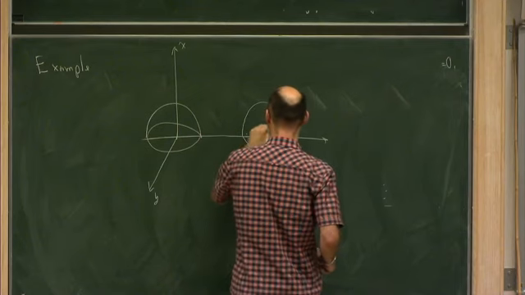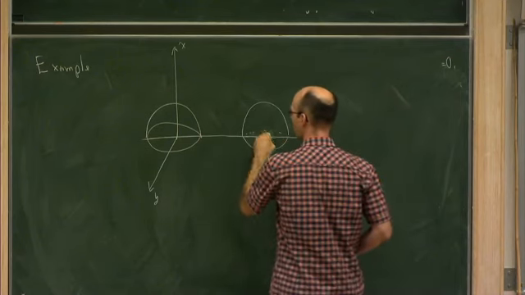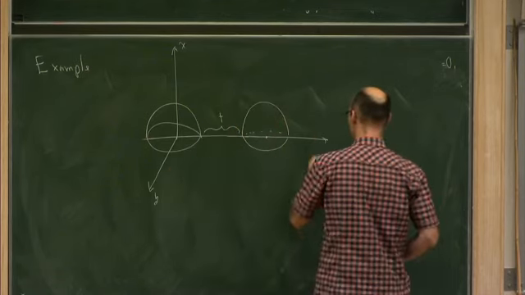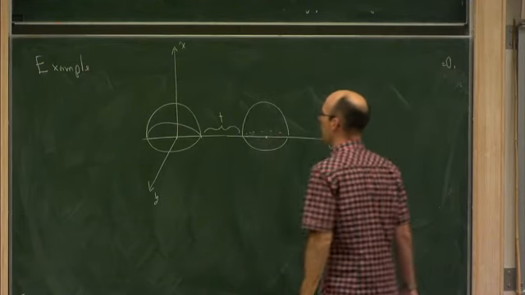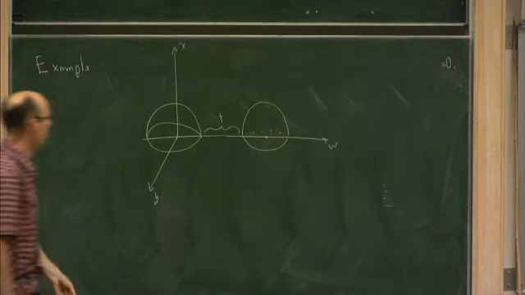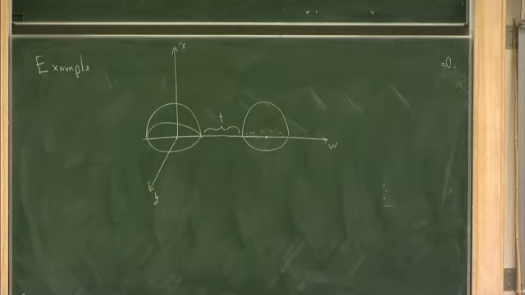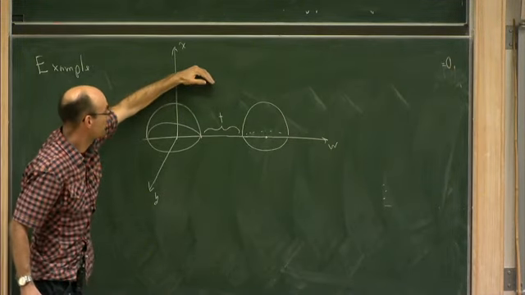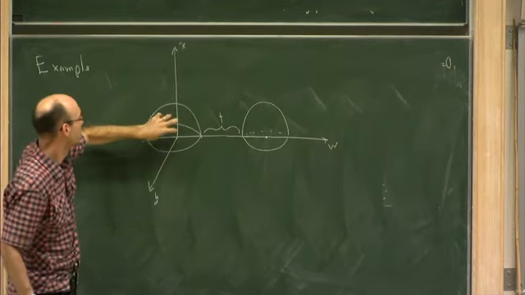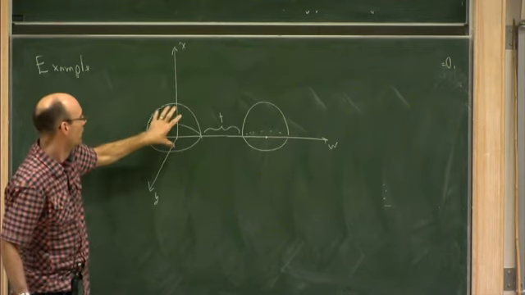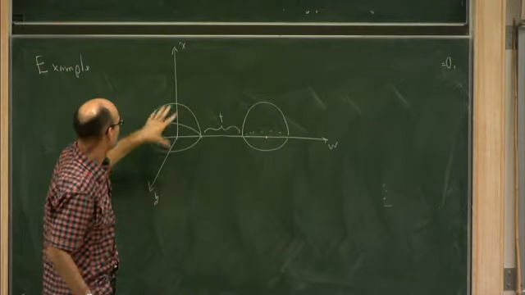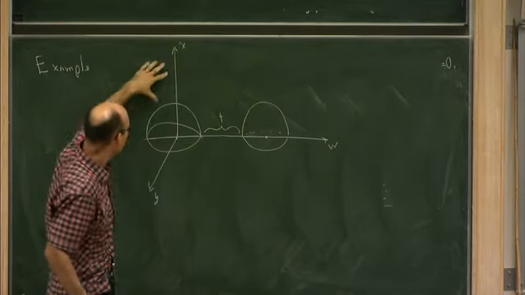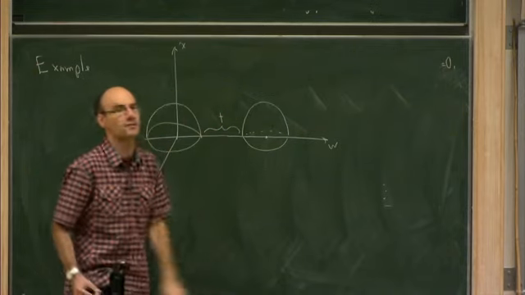One is centered at the origin, the other is centered here, and I want the distance between the two to be t. One way to get an isometry of the hyperbolic model is to do an inversion. I take the outside of the sphere and map it inside, and the inside I map outside by an inversion. And then I translate so that the outside of the first sphere is mapped in the interior of the first sphere, and the outside of the second sphere is mapped in the interior of the second sphere.